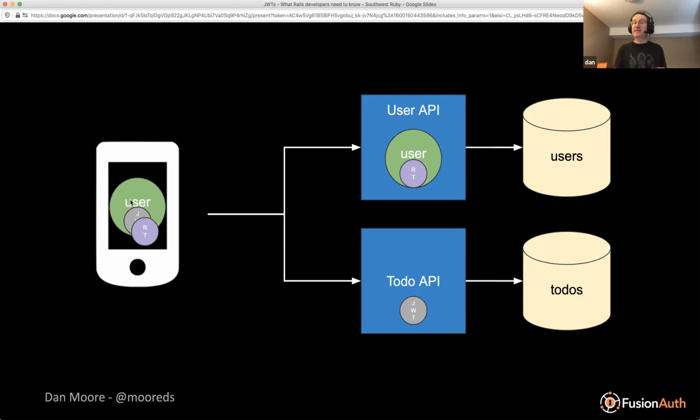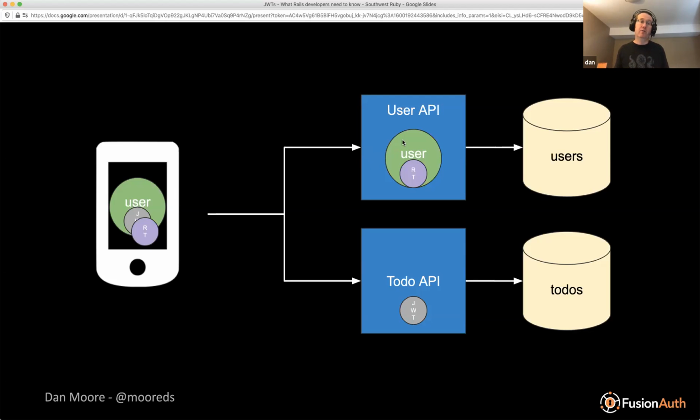And the client can then catch that exception or catch that response, that status code, and say, okay, well, I'm going to present this refresh token to the user API. And the user API will look at the refresh token and manage it and make sure that the user hasn't logged out, that the refresh token is still valid, and any other business logic that it wants to do.